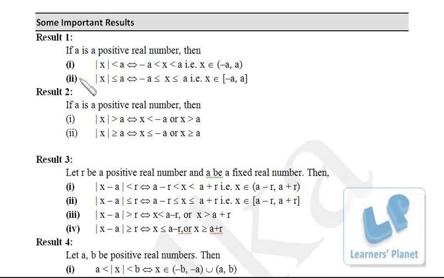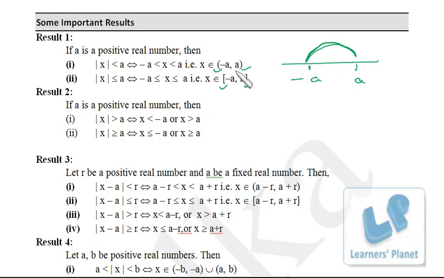I have mentioned all the formulas or relations over here, but it will be difficult to learn and remember. So if you are conceptually clear, you don't have to learn even a single formula over here. As I have mentioned, modulus of x is greater than a: you just draw a number line, put minus a and a. If modulus of x is less than a, that means x should be between these two. If it is less than or equal to a, then you will make the square bracket.